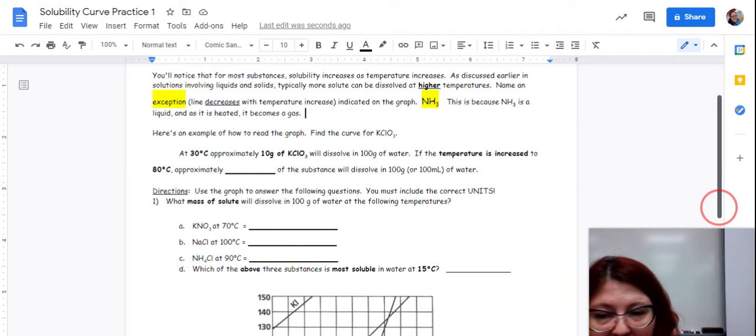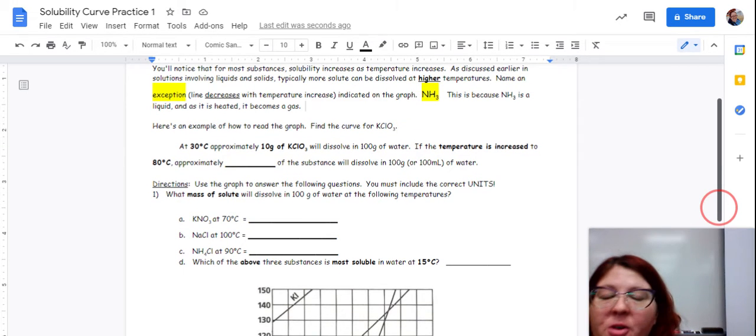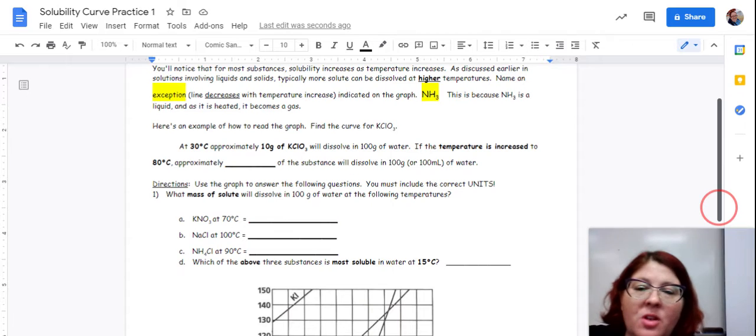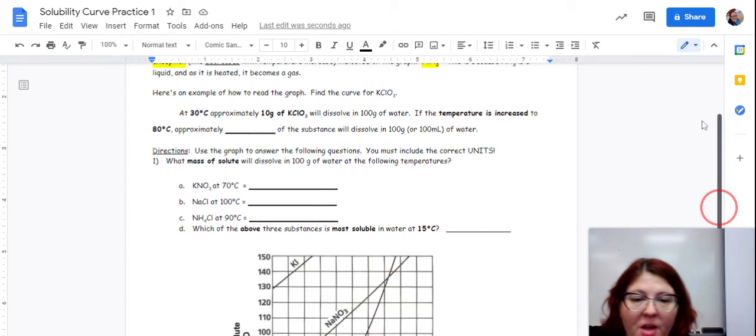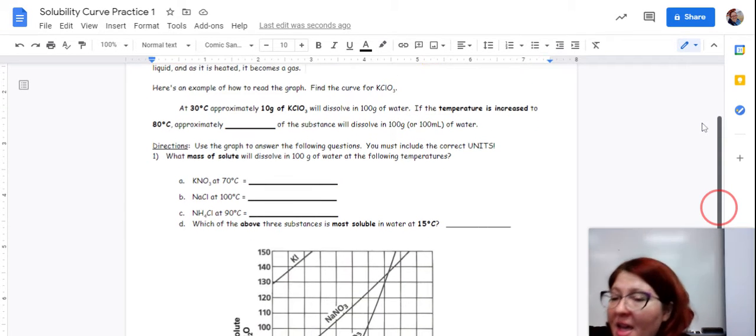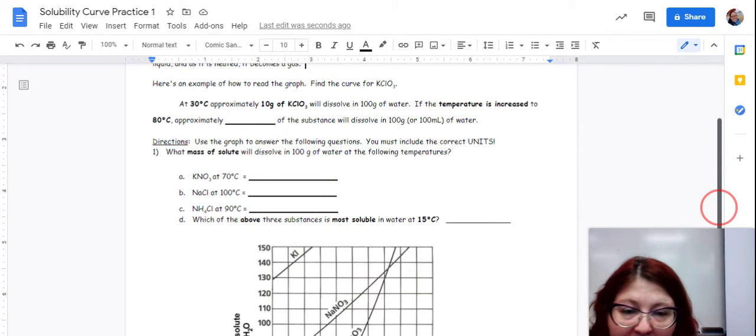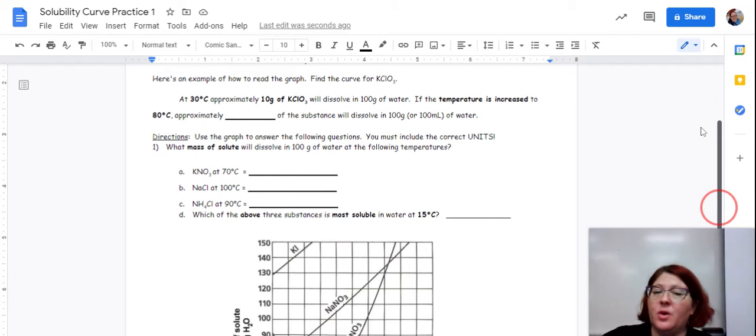At 30 degrees Celsius, approximately 10 grams of potassium chlorate will dissolve in 100 grams of water. If the temperature is increased to 80 degrees Celsius, approximately how much of the substance will dissolve in 100 grams or 100 milliliters of water?